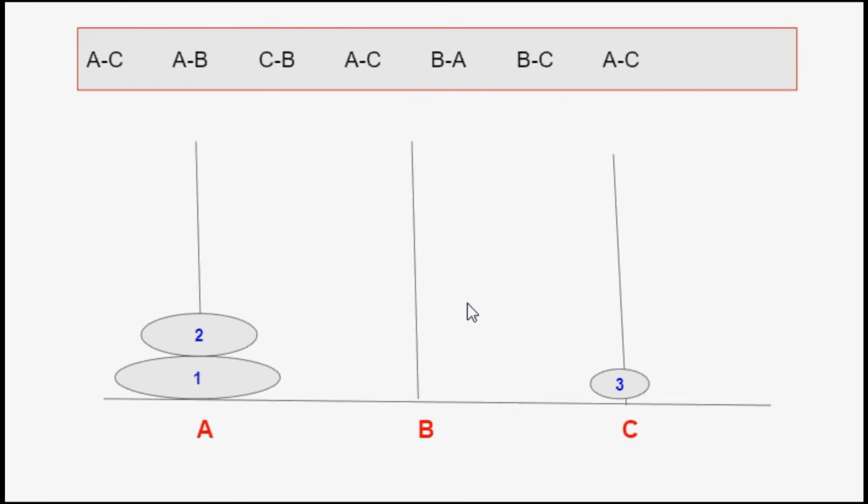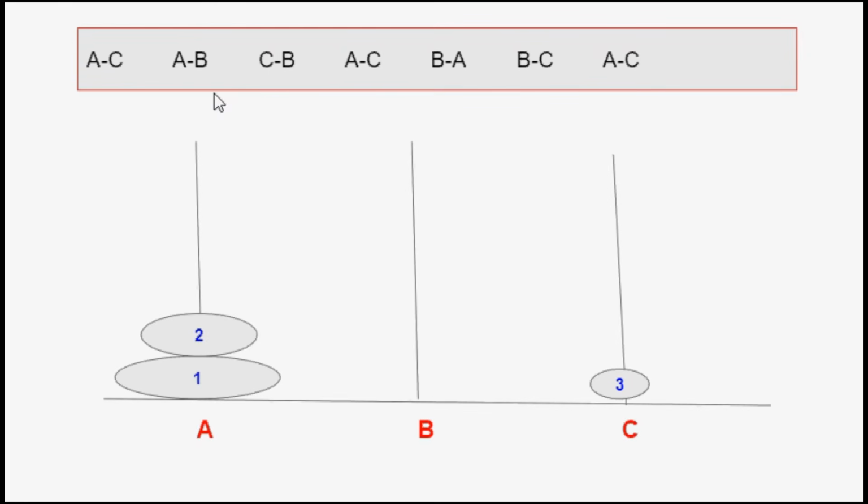The final outcome would be like this. In between, sometimes A is acting as an auxiliary tar, sometimes C is, but at the end we are going to transfer all the disks from tar A to tar C. This is the very first step.